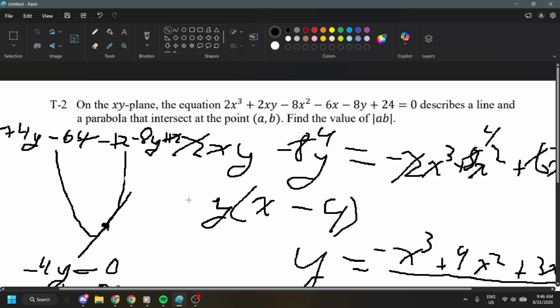No, because that would just be a parabola again. But I know I've done equations that have stuff like this before. I just forgot how to do it.